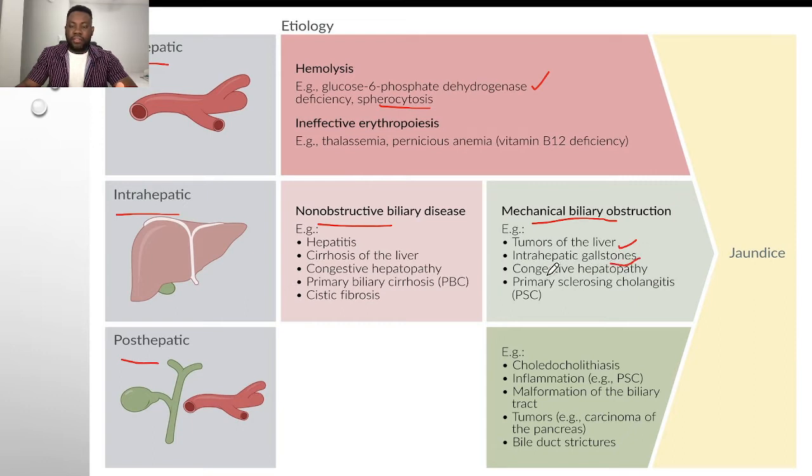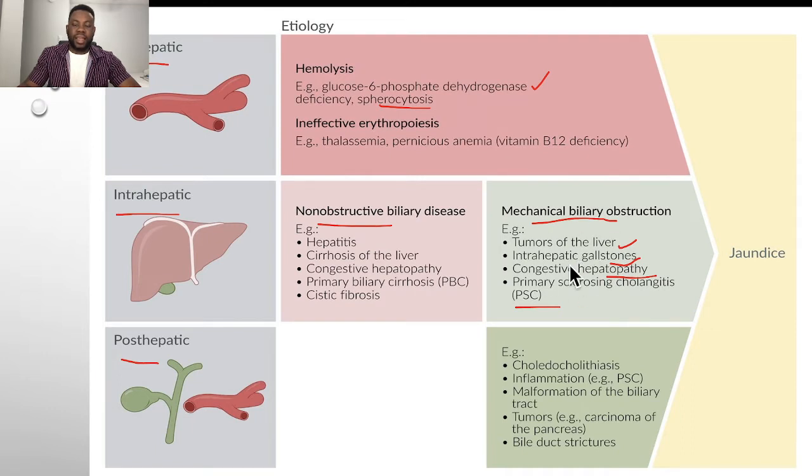We can have congestive hepatomegaly or hepatopathy, in that if a patient has right-sided heart failure, they can have engorgement of the liver because the blood will pile back into the IVC and the liver becomes enlarged. So that will cause congestive hepatomegaly. And we can also have primary sclerosing cholangitis, which will also cause intrahepatic stasis.